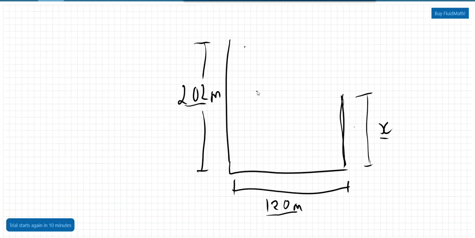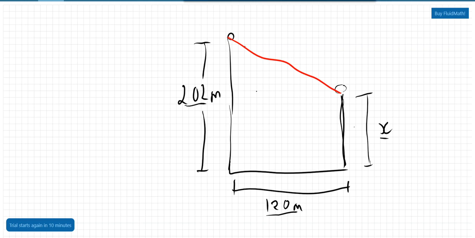Okay, so from this top part here, so my tall building, to this part here, my shorter building, there's an angle of depression of 25 degrees.